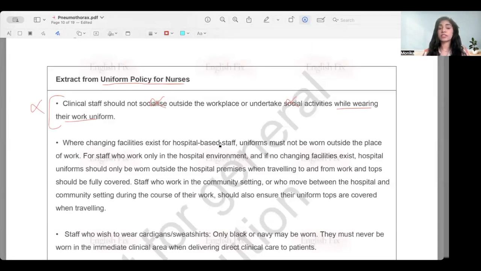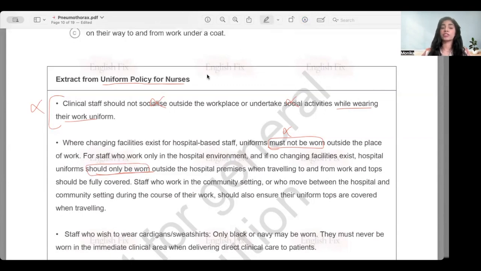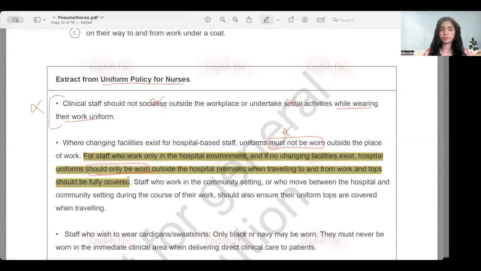When changing facilities exist for this, uniform must not be. So they are telling me where the uniform should not be worn. My question is, where should they be worn? So I'm not going to read this very carefully. Then they are saying, for staff who only work on this, if no changing, and so on. Ah, I notice. I find this information here. Now I'm going to read this particular sentence very, very carefully because it contains my answer for sure.